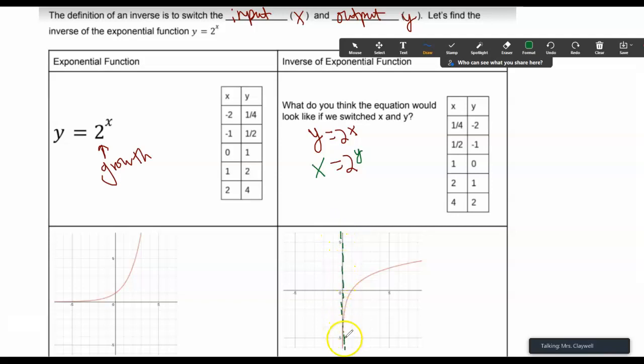Notice how none of this is negative. Just like here, I didn't have any negative y values. Here I can't have any negative x values.